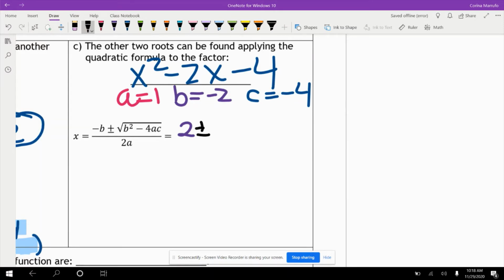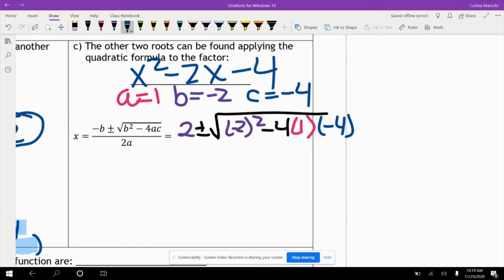Plus or minus the square root of B squared. So negative 2 squared minus 4 times A. A is 1 times C. C is negative 4. And all of this is going to be over 2 times A. So 2 times 1.